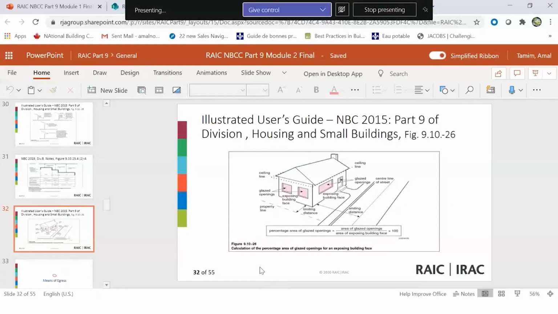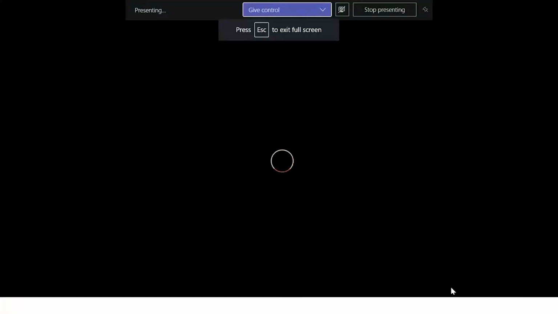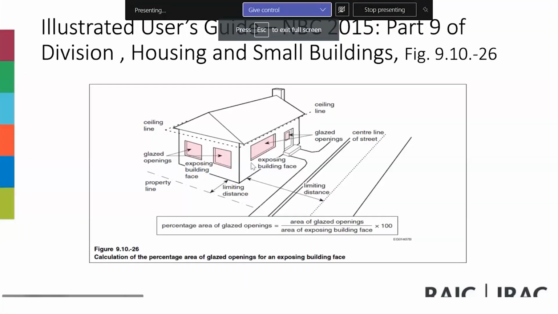So in the illustrated user's guide, here I'm illustrating for you a useful illustration of how you calculate the percentage area of glazed opening in the exposing building face. So I've got glazed openings for a house. You see that the door does not count. You only count the glazed opening for the house.